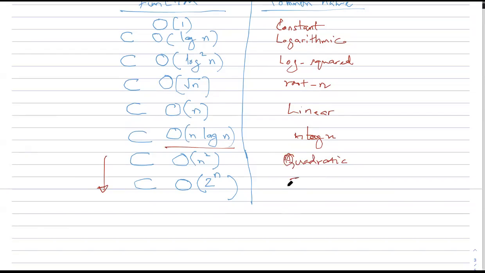And then this is exponential complexity. So this is the area where your algorithm could be useful for large n. This is practically useless.